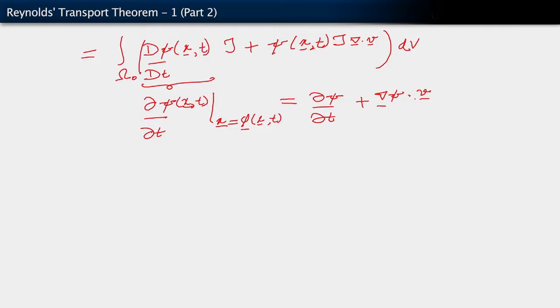So putting all of this together, we end up with an integral which looks like this. Partial of psi with respect to time plus.